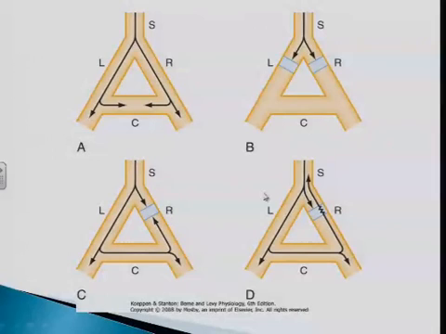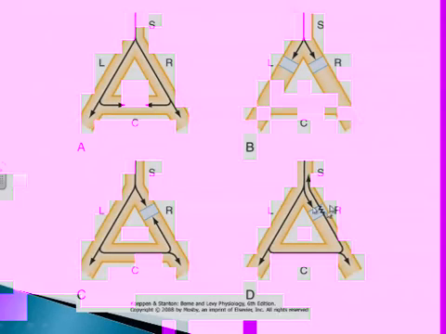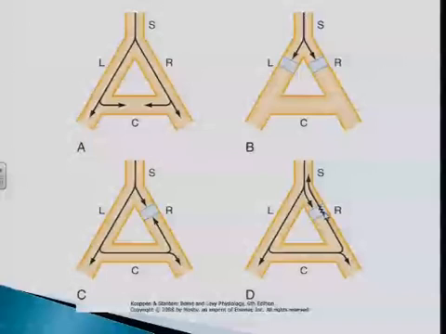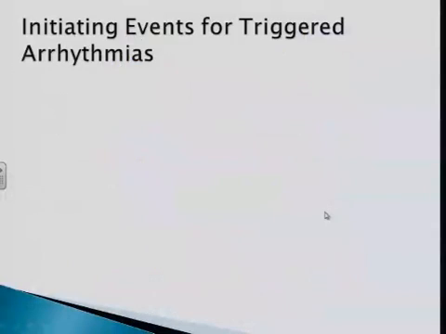Now this unidirectional block could be caused by anatomy, or it could be caused by timing. That is, changes in the refractory period. And that's why this repolarization and repolarization abnormalities become so important, because for a spiral wave to happen, you need that triggering event.